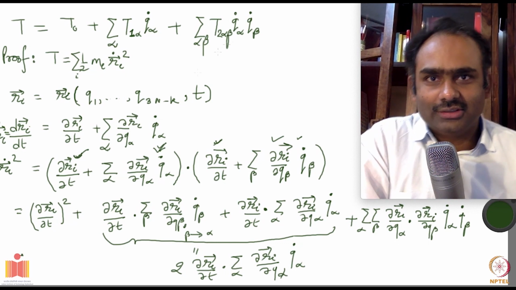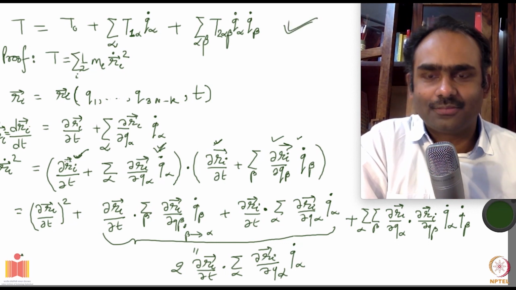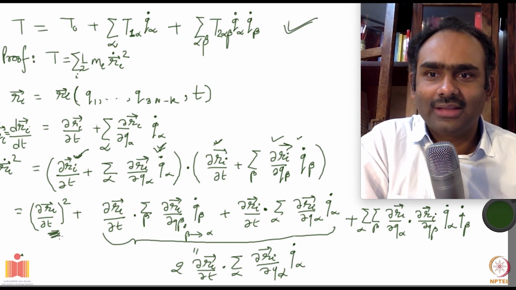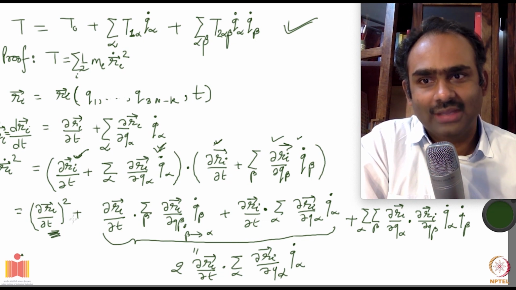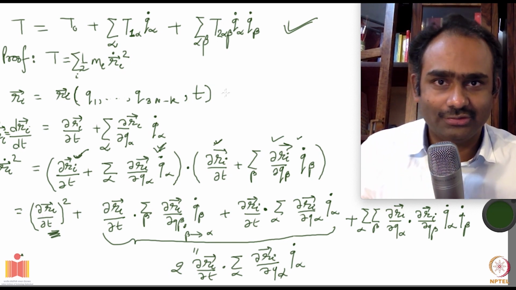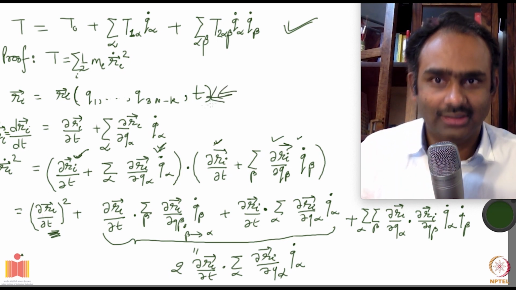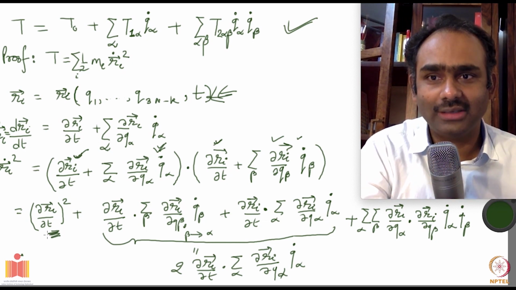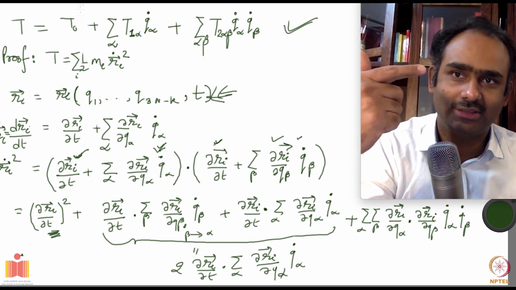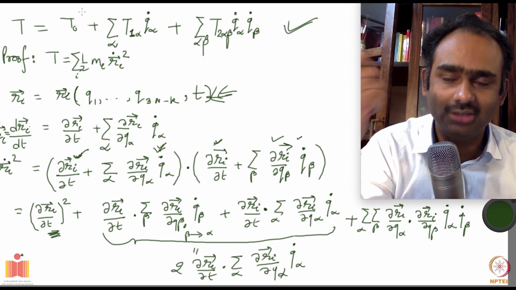Okay, that's good. So this is what I was claiming here. First term, no velocities are involved in here, but this is a function of q and t. Right now I'm writing r as a function of q and t, right? So there are no velocities involved in here, so that belongs to T naught.